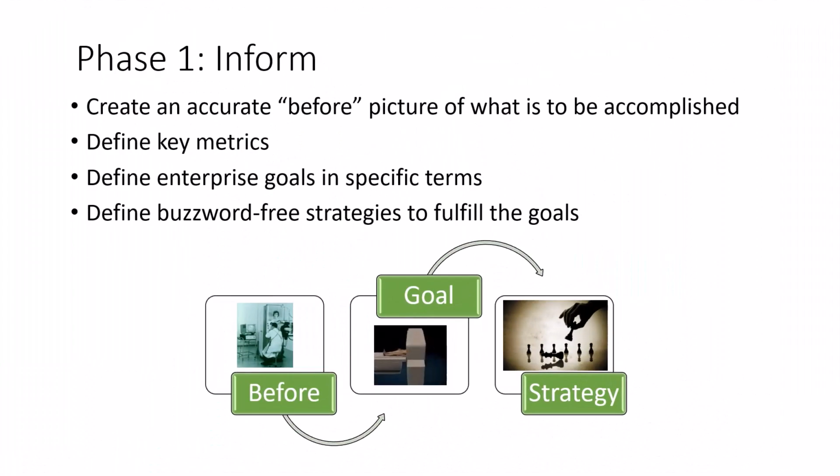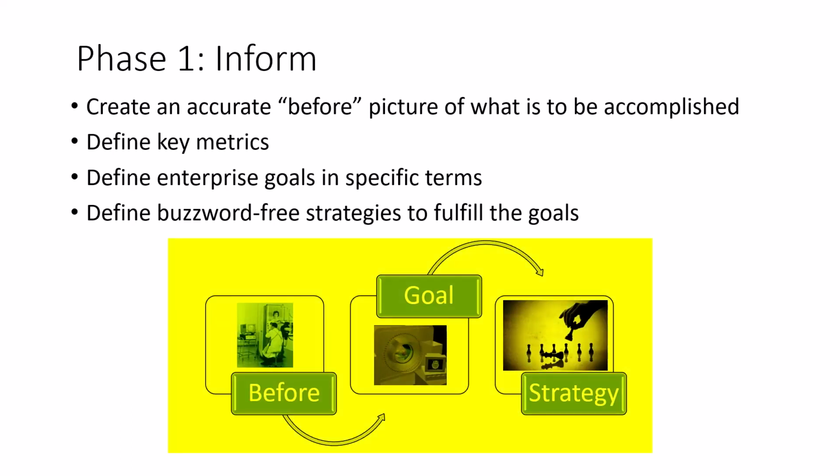The first step in the 5-step program is to inform. You create an accurate before picture of what is to be accomplished. You define key metrics or measurements of accomplishments at specific points.